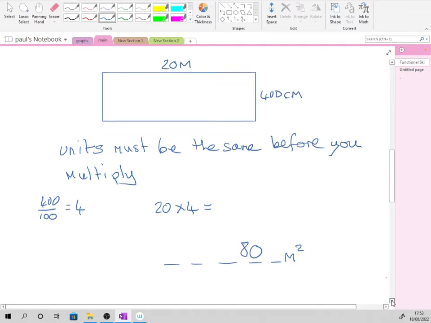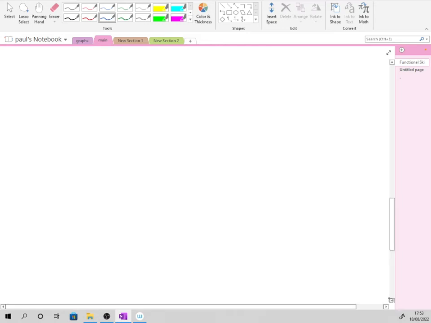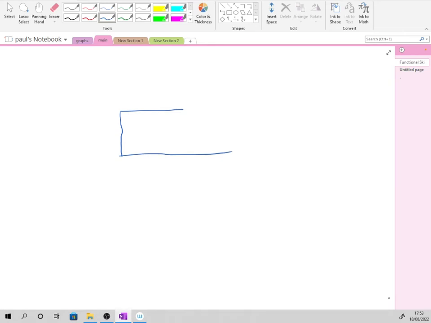Now, to complicate things, as we did with perimeters, you might get a shape something like this. Let's say call that 10, call that 6, let's say everything is centimeters.